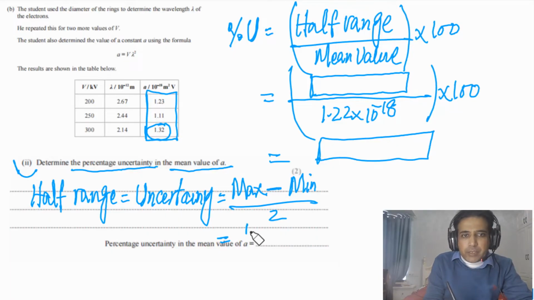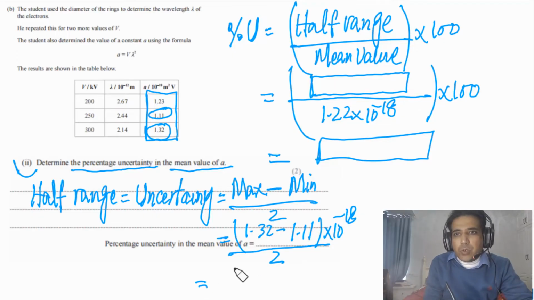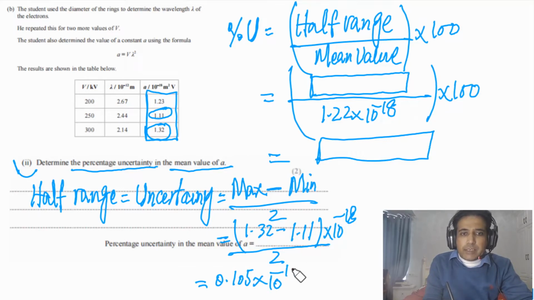So this is the maximum value, 1.32 minus, and this is the minimum in this data, 1.11, but we need to multiply this one with the factor 10 to minus 18, and we need to divide this by 2. And if we solve this one, we will get 0.105 times 10 to minus 18.